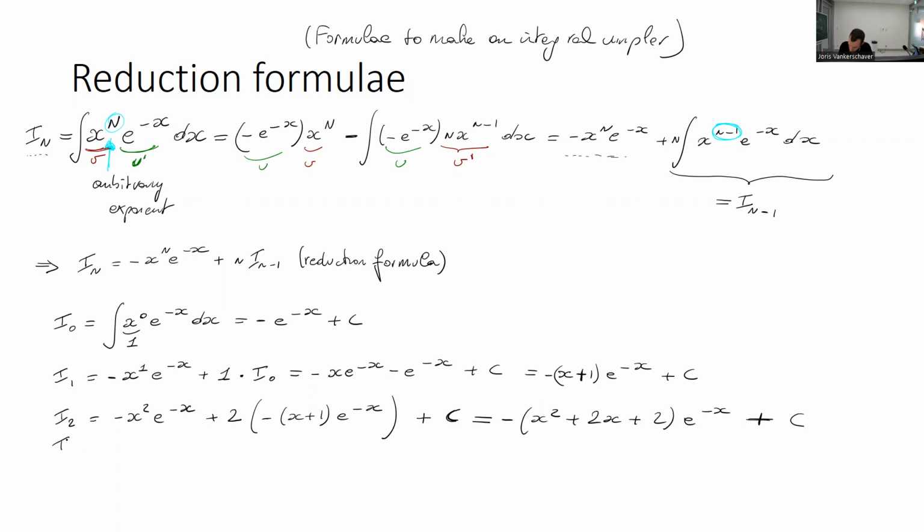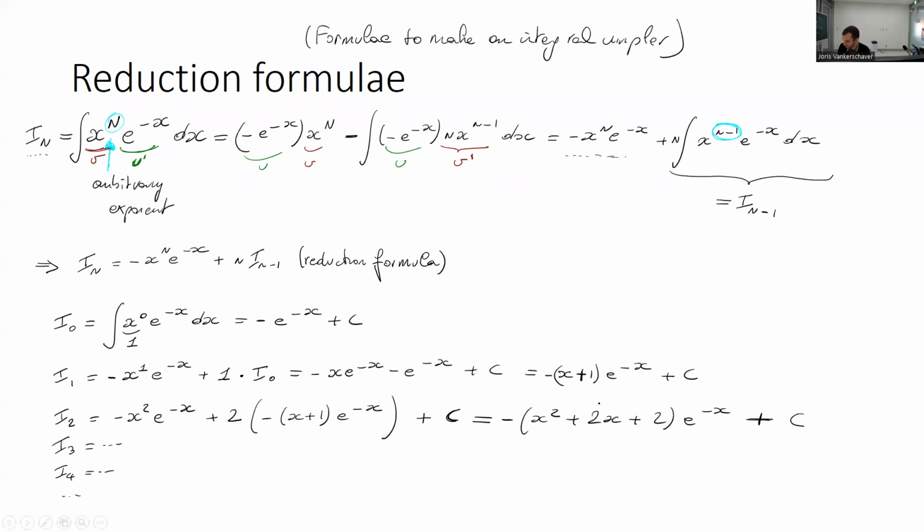And now I can keep doing that. I can write down I_3 and I_4 and so on, up to an arbitrary order of I that I want to derive. In this case, it's going to be difficult to find a closed form formula for what I_n is.